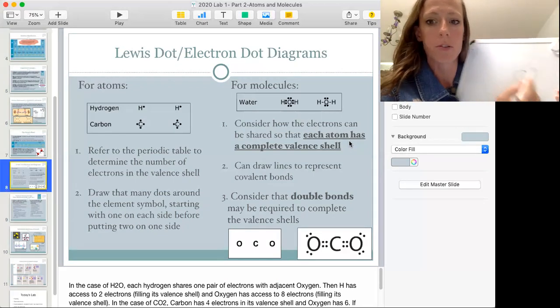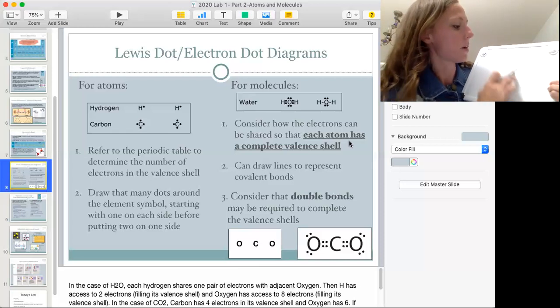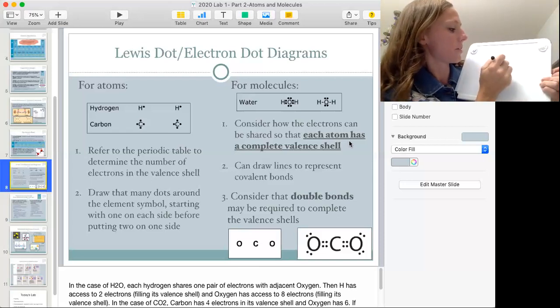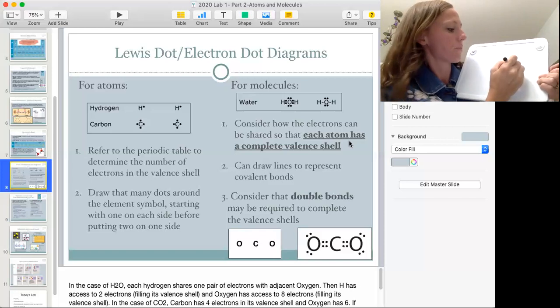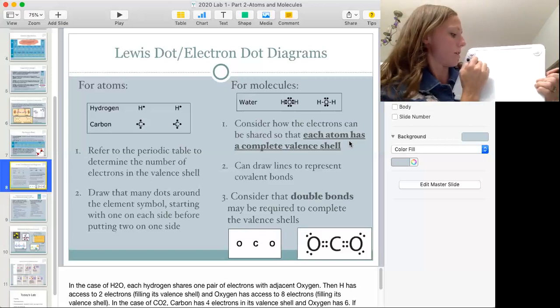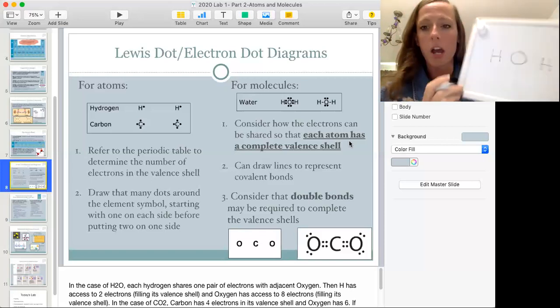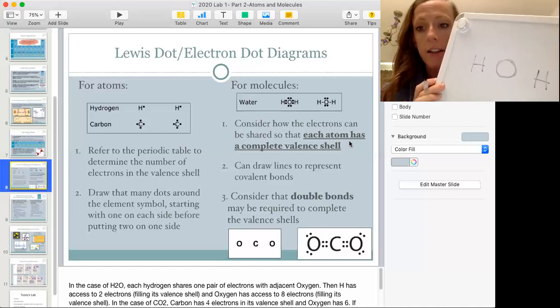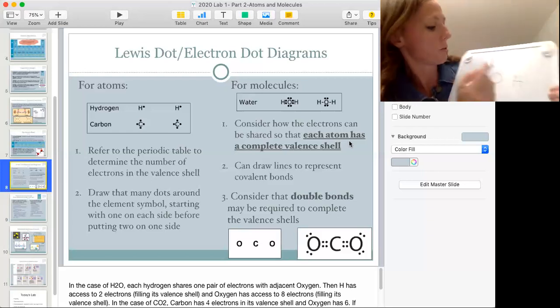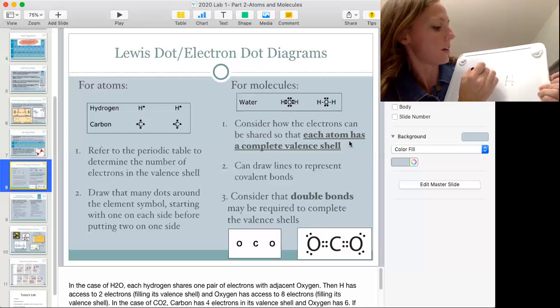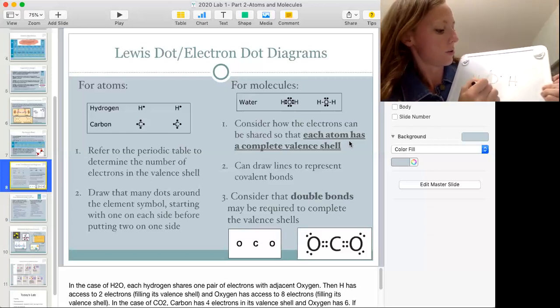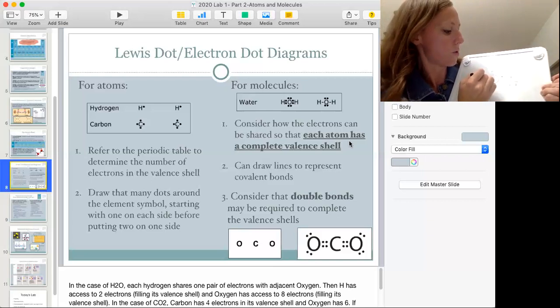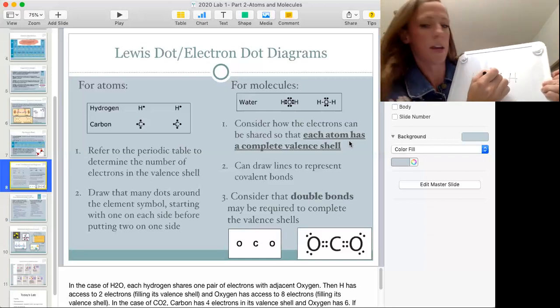So you start with the chemical symbol, oxygen, and you've got 2 hydrogens, right? Now oxygen, we just looked at, has 6 electrons in its valence shell. So we're going to go 1, 2, 3, 4, 5, 6.